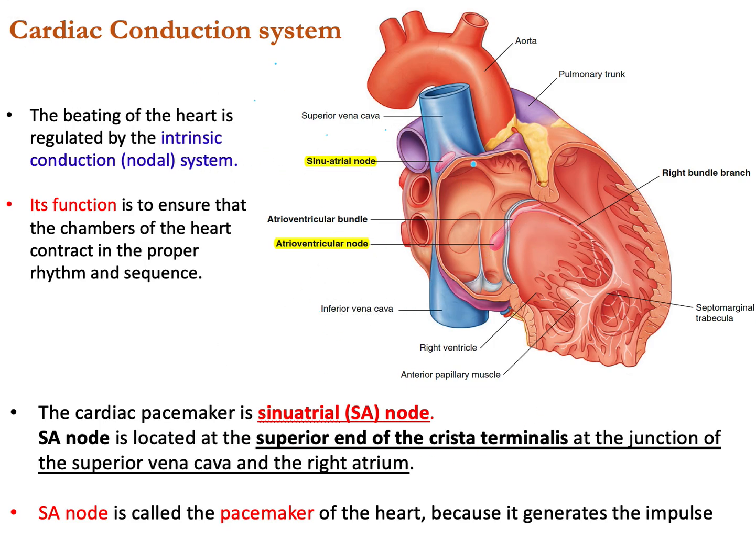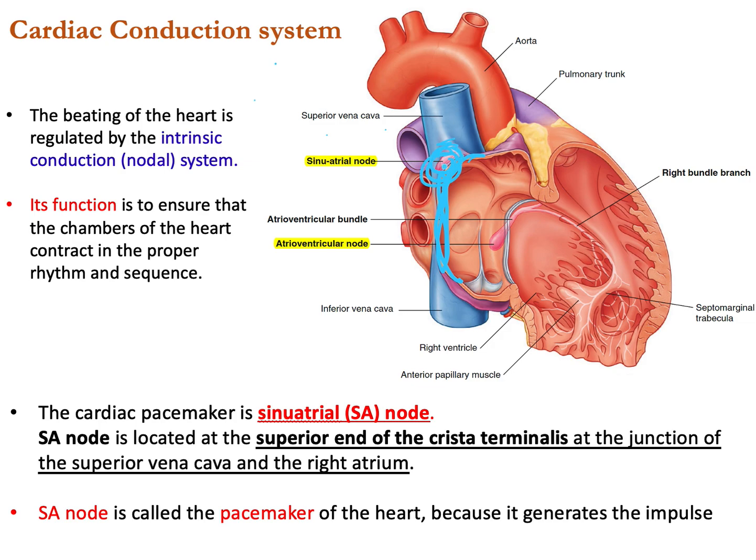Okay, where is the location of this specialized node? It is located at the superior end of the crista terminalis. This is the crista terminalis, and its superior end is at the junction of the right atrium with the superior vena cava.